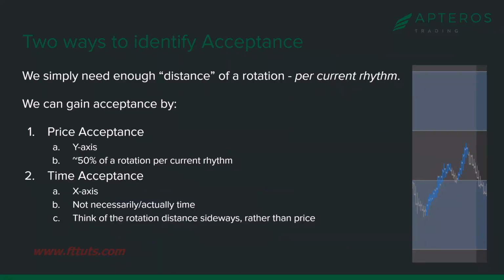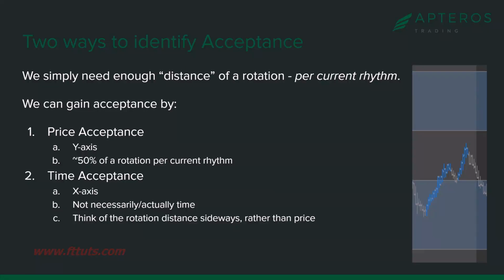How do we see acceptance? What the heck is acceptance? Acceptance is measuring what the current condition is based on price auctioning far enough above or far enough below the reference in question, whether that's a composite value high or whatever the case may be.